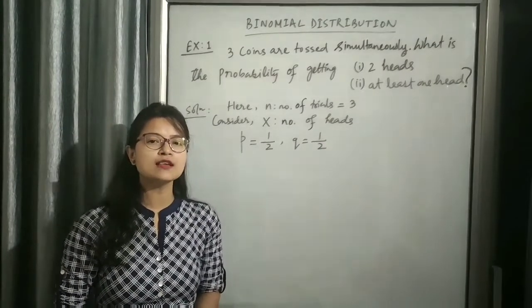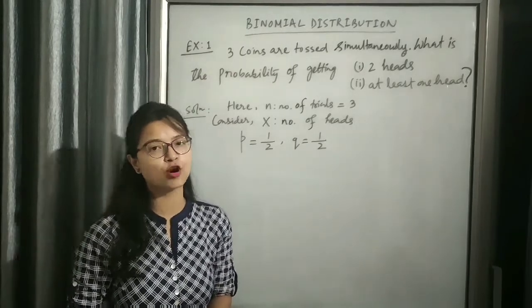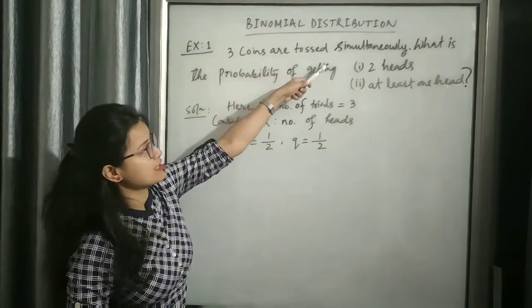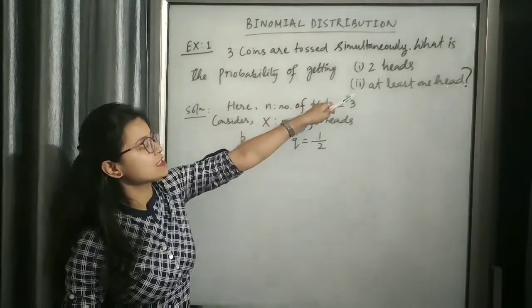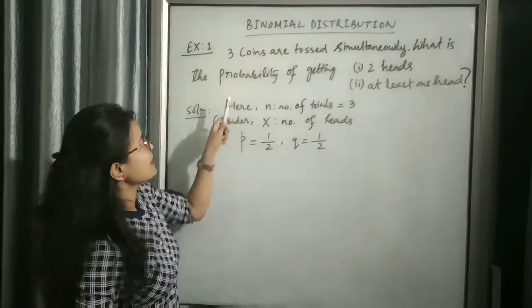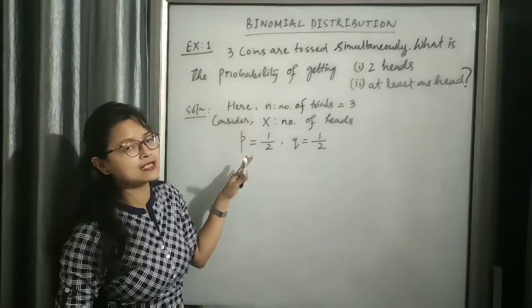Now, let us look at a few examples to understand when and how to apply the binomial distribution formula. Example 1. 3 coins are tossed simultaneously. What is the probability of getting number 1, 2 heads, number 2, at least 1 head? In this problem you can see 3 coins are tossed simultaneously, so the number of trials is 3.